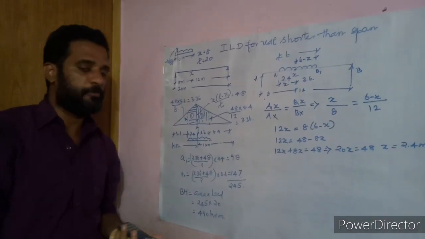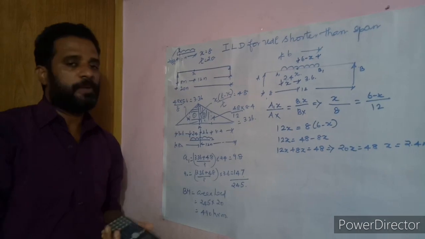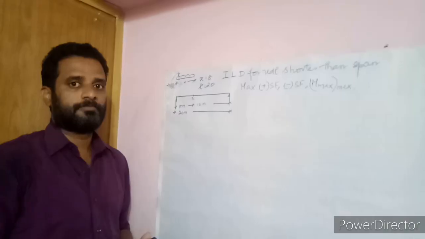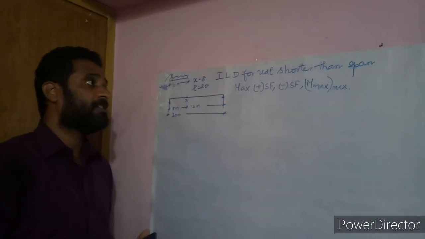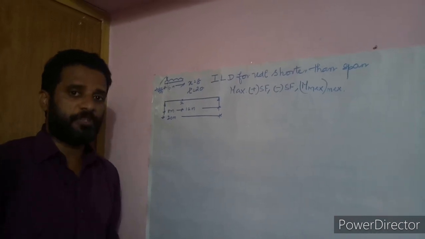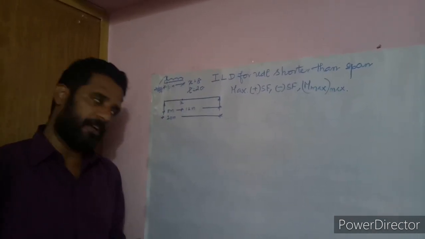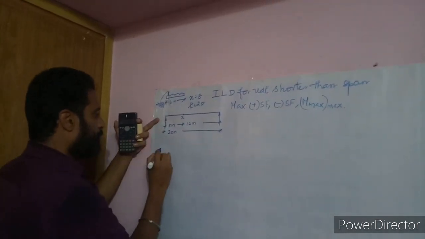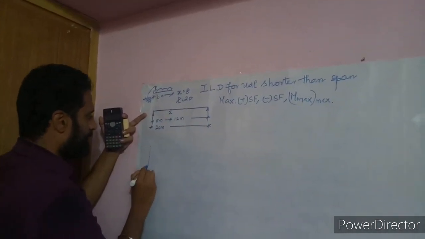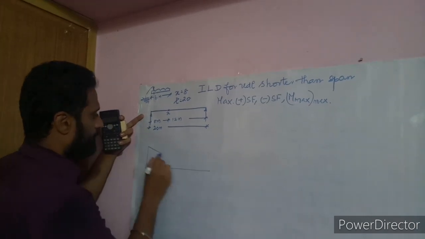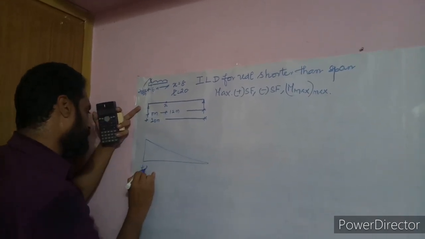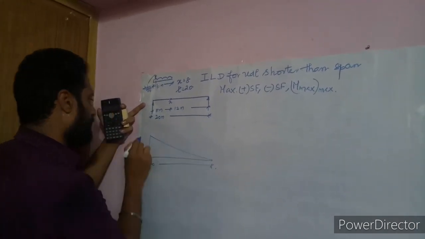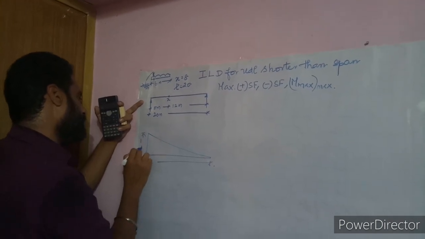Next we'll find out the maximum shear force and absolute maximum bending moment. Now we are going to calculate the maximum positive, maximum negative shear force and absolute maximum bending moment. We know that maximum positive shear force occurs at the left support and the corresponding ILD is like this. So for 20 meter of span, the intensity is 1.